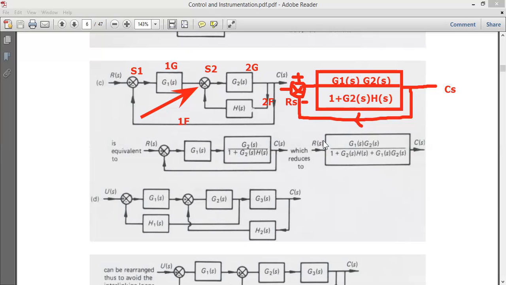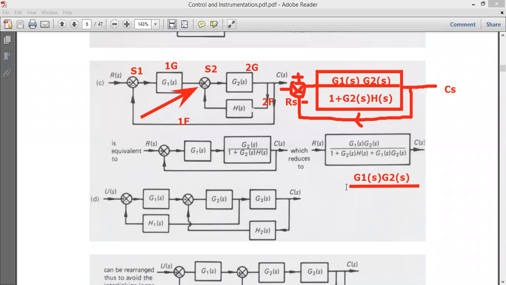How to solve is, first is the G block. So what is the G block? That is G1 of S multiplied by G2 of S. This is my G, still it is incomplete, so divided by, what value do I have?